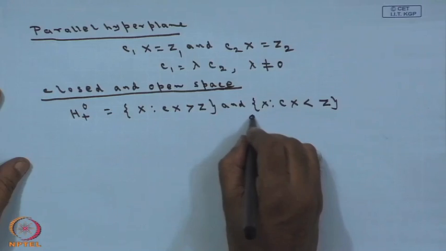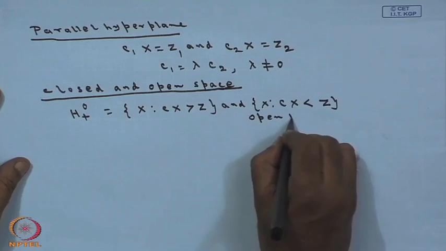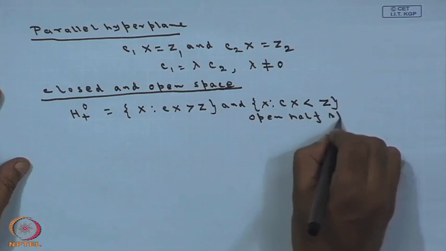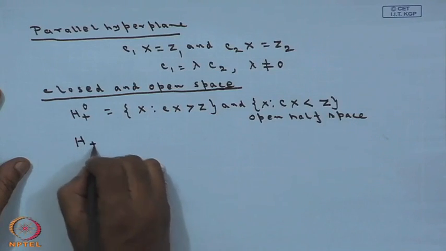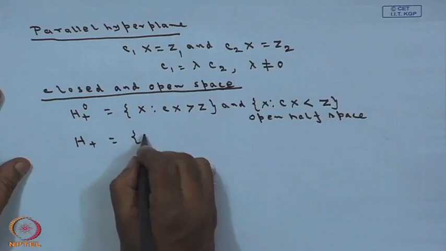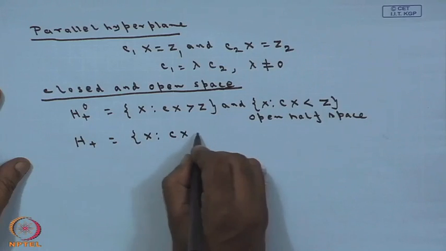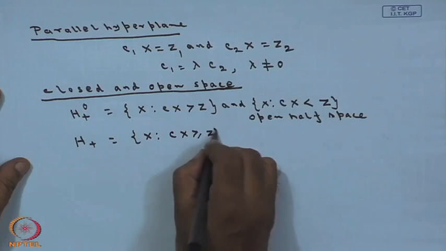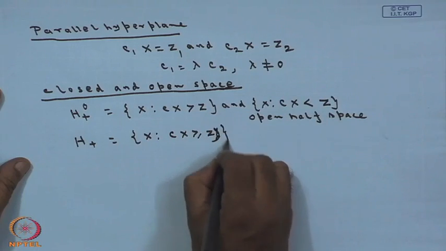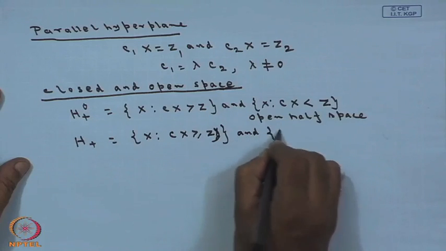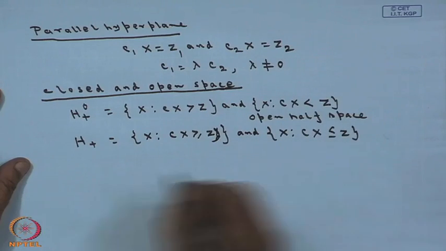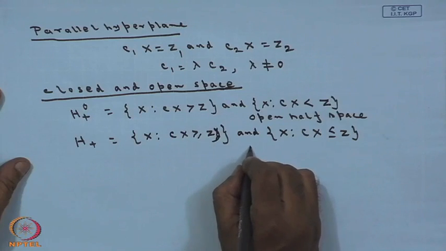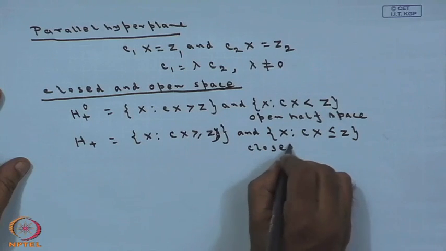This we call the open half space. And whenever you have the set of x such that Cx greater than or equal to z, and the set of x such that Cx less than or equal to z, then this we call the closed half space.